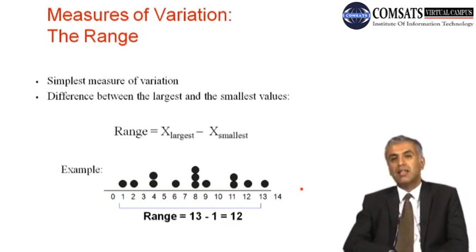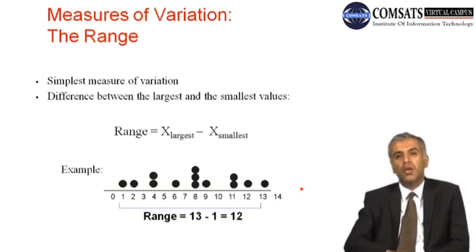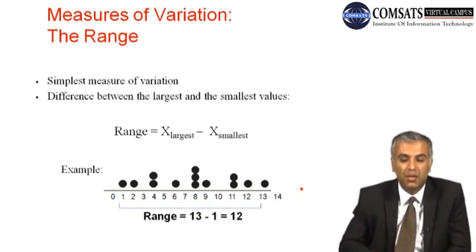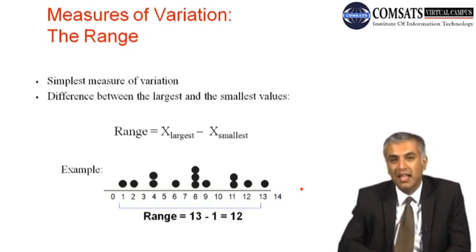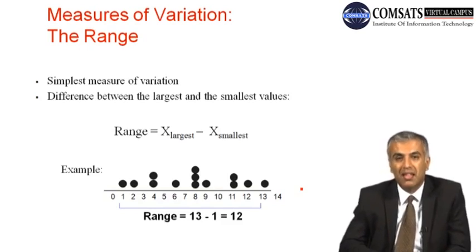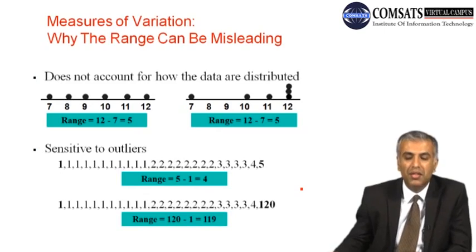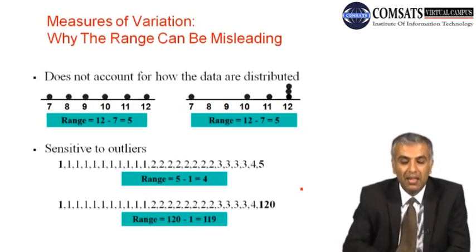But one discrepancy of range is that it's very sensitive to outliers. So if there is any extreme value in any data set, then it would affect the calculation of the range. So coming to this aspect, as we discussed before, this can be misleading.